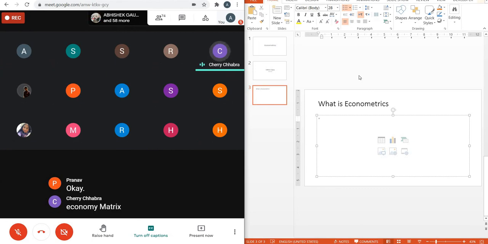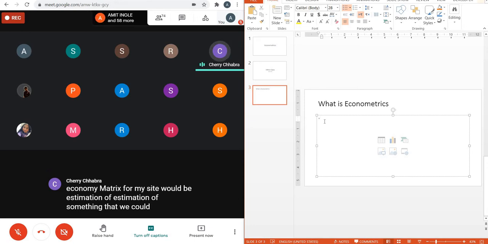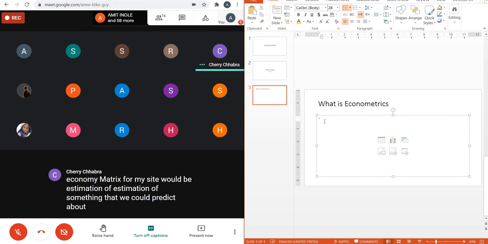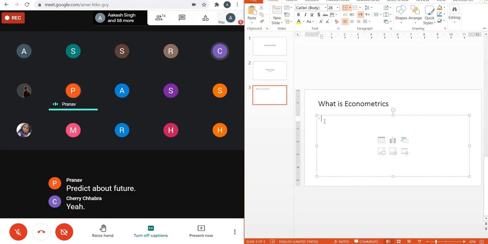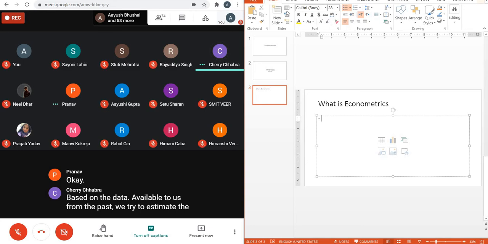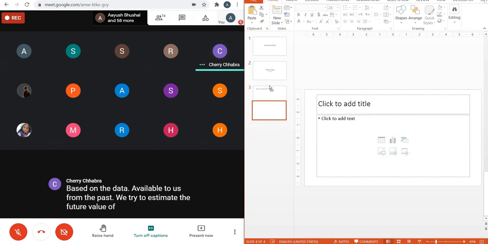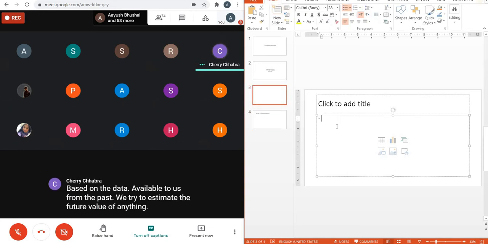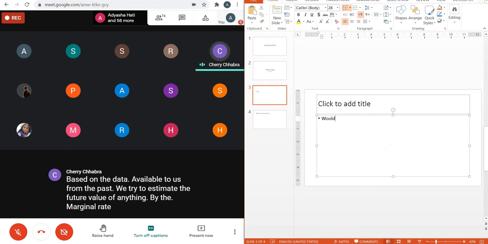Econometrics from my side would be estimation of something that we could predict about the future. Predict about the future? Yeah. Okay. Based on the data available to us from the past, we try to estimate the future value of anything, be it the marginal rate of consumption and all this.